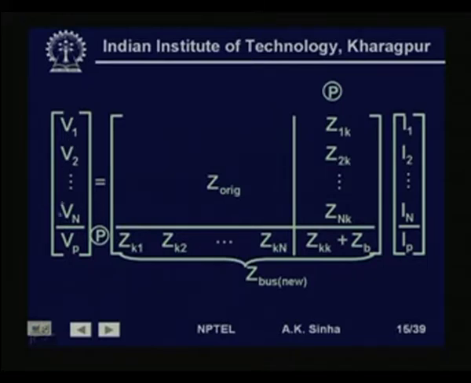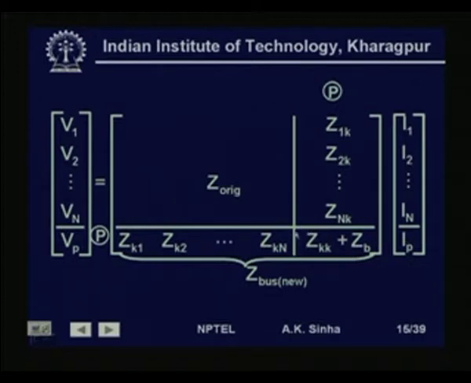Similarly, we will write the expression for Vp. Here again what we will get, Zk1 into I1 plus Zk2 into I2. This is what was giving us the Vk0 term, plus Zkk plus Zb into Ip.